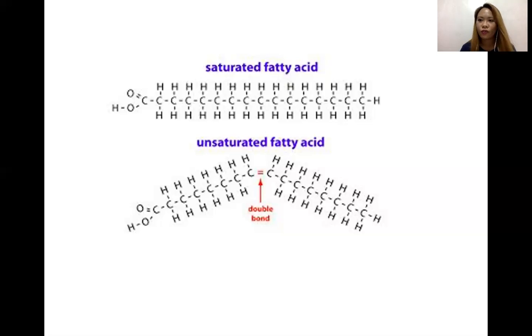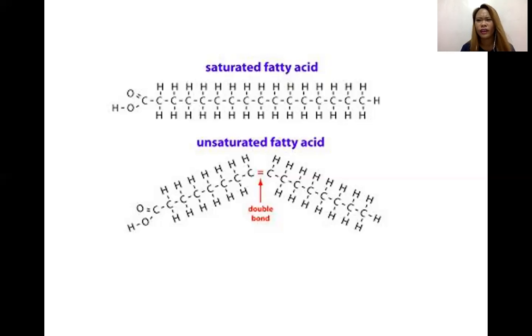Now, between these 2 fatty acids, your unsaturated fatty acids are actually healthier. Especially your olive oils and your fish oils, they are healthier versions of oil. So if you will be cooking, it's actually okay to use olive oil. And fish oil is a good source of your omega-3.